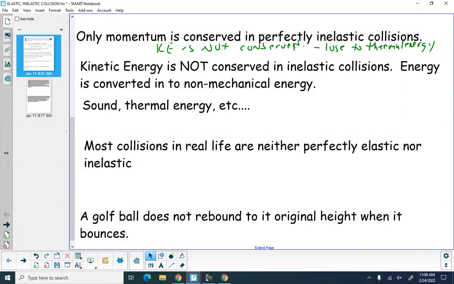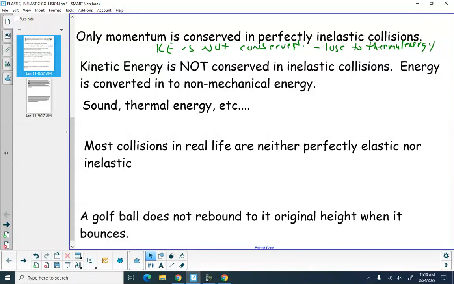A golf ball doesn't rebound to its original height. It bounces, but it's not going to come up to its original height. If I bounced a golf ball from here, I would release it, it would hit the ground, and come back to about right here, then about right here, then about right here. Eventually, if I let it continue to bounce, it would just stay on the ground.